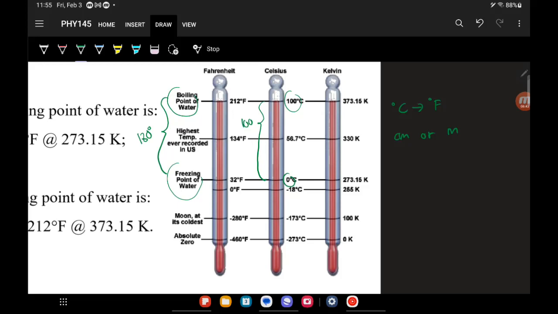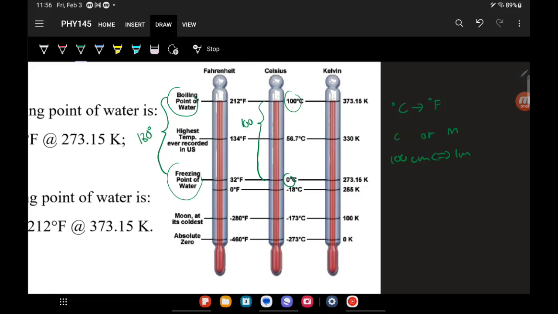So whenever I measure 100 centimeter, that is equivalent to 1 meter. What we are seeing here is that the incremental is different between Celsius and Fahrenheit.